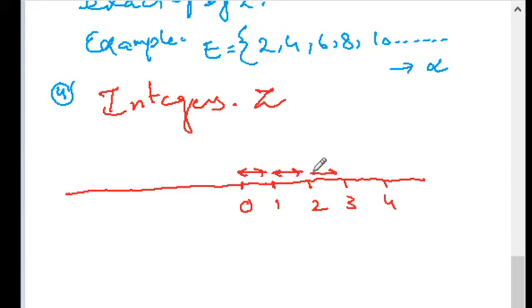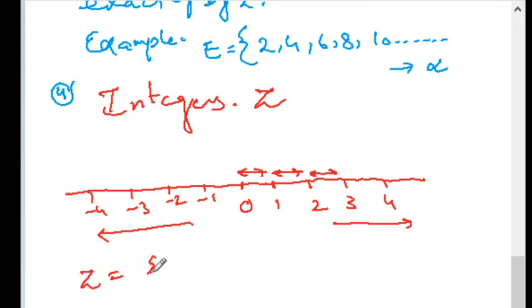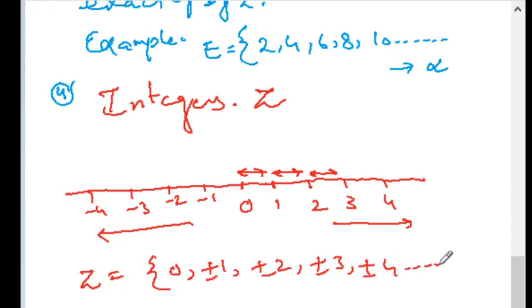If this is 1 centimeter, this will also be 1 centimeter. Then here is -1, -2, -3, and -4. These numbers are negative and those are positive. Sorry, this is 0. So integers are 0, plus and minus 1, plus and minus 2, plus and minus 3, plus and minus 4, and so on.